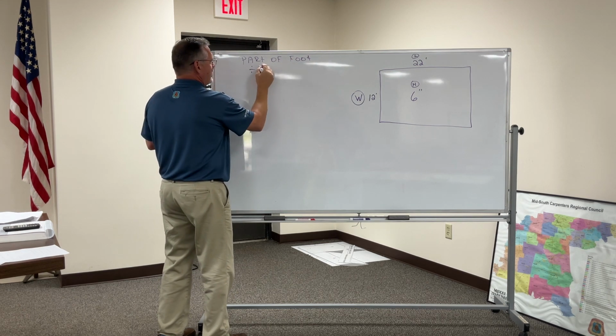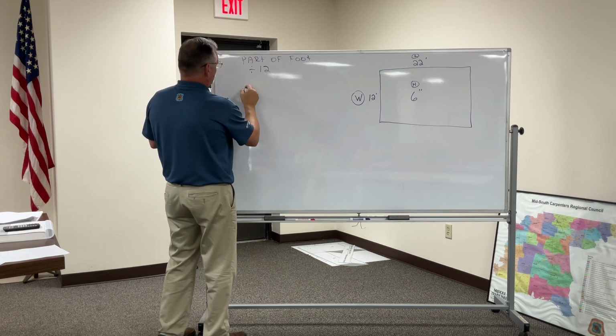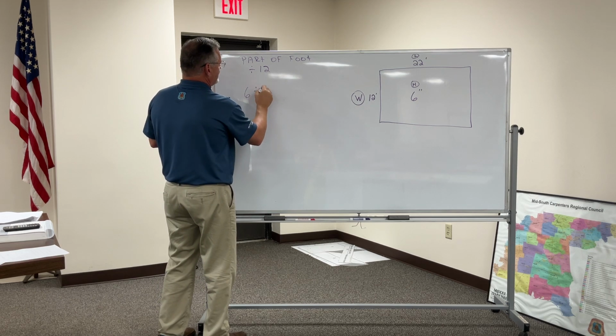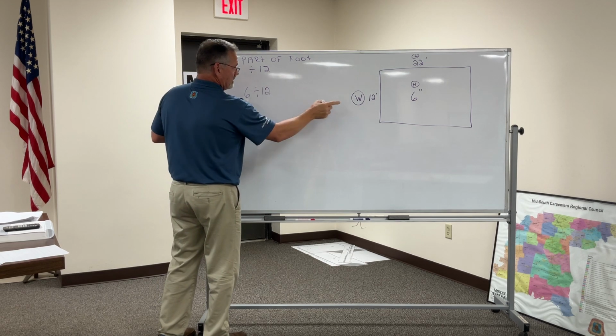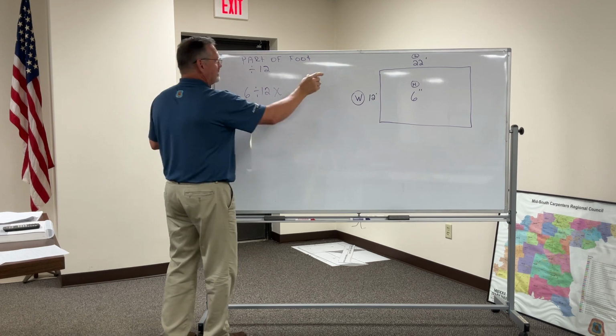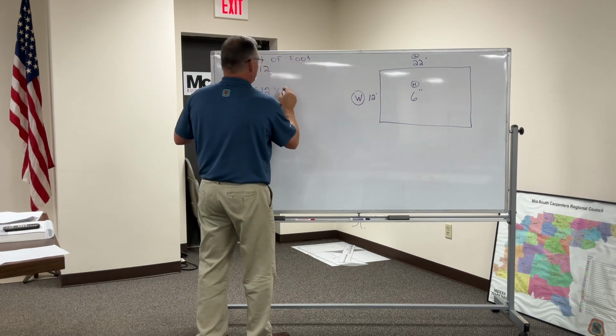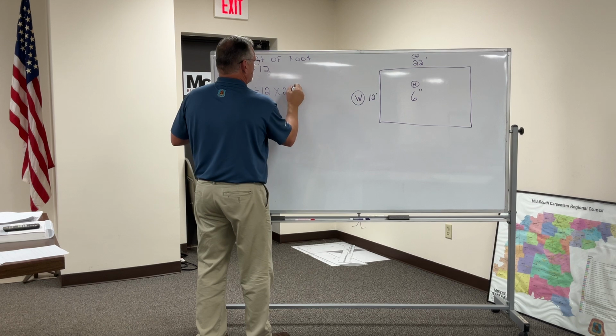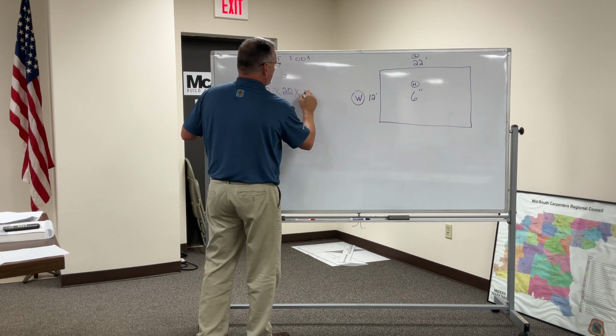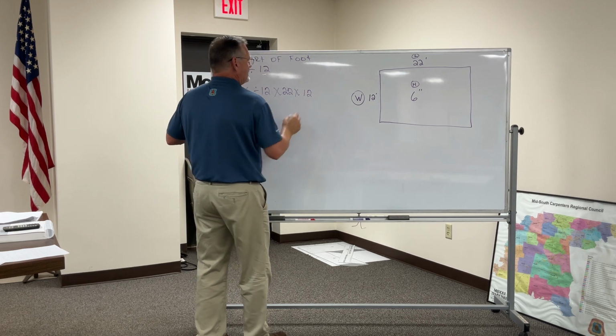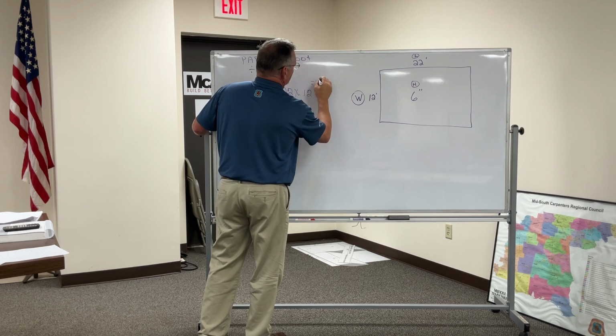We divide by 12, right? So 6 divided by 12 times your length, 22, times 12, that's going to equal your cubic feet.